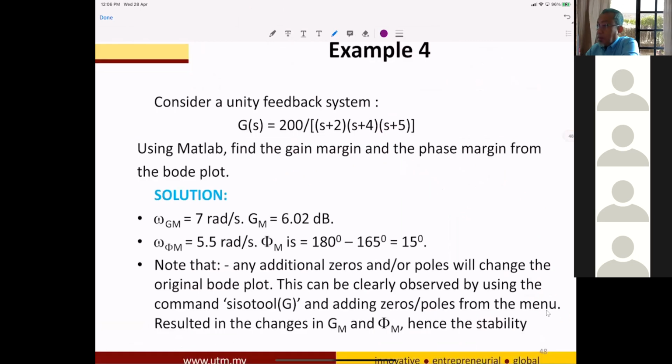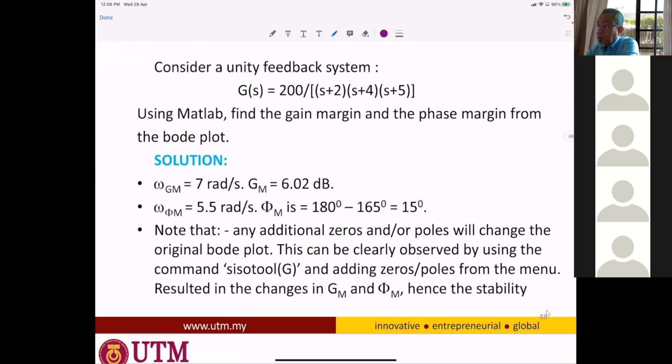Last 2 days I also discussed with you example 4, and I showed you how to obtain the gain margin and the phase margin.